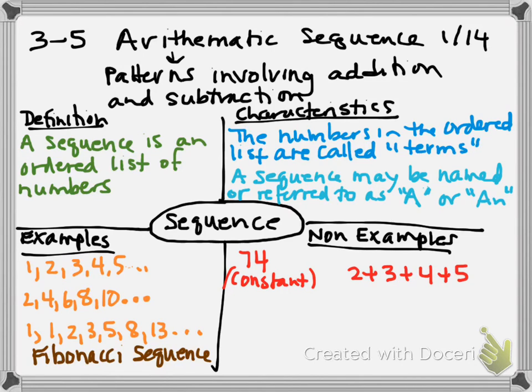And the answer is it's not a sequence, because a sequence is just a list of numbers. When I'm trying to do math with them, this is now called something else. This is called a series. Now, we aren't going to study series in this class, but you will be studying series, geometric sequences in other classes, okay?